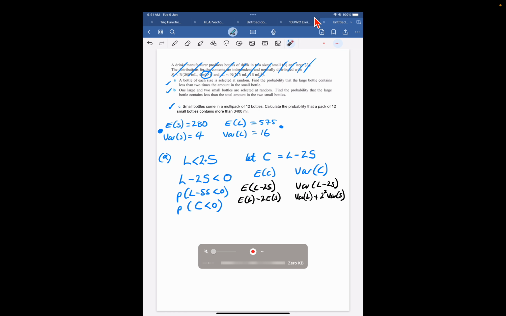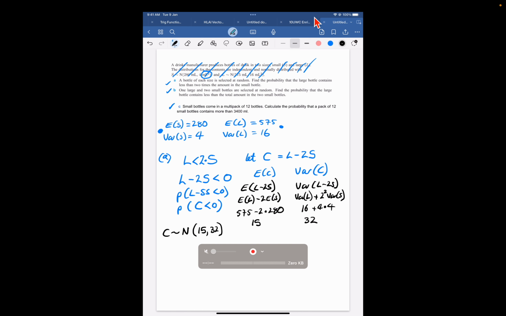E of L is 575 minus 2 times E of S, and that gives me a value of 15. Variance of L is 16 plus 2 squared, 4, times variance of S, which is 4, that gives me 32. Now always write out your final distribution. C can be modelled by a normal distribution with a mean of 15 and a variance of 32.